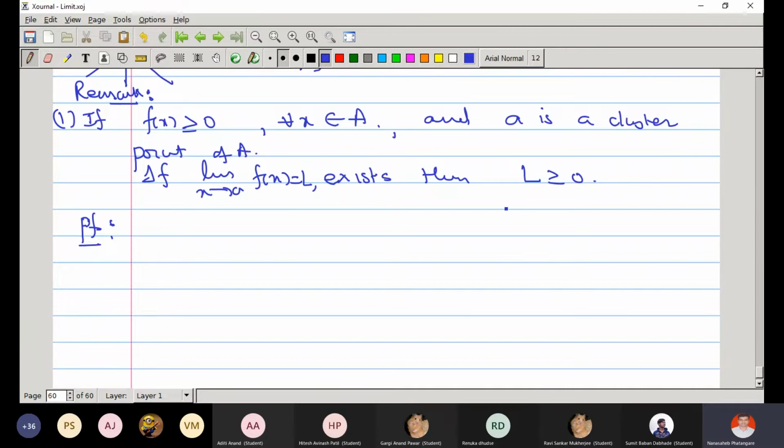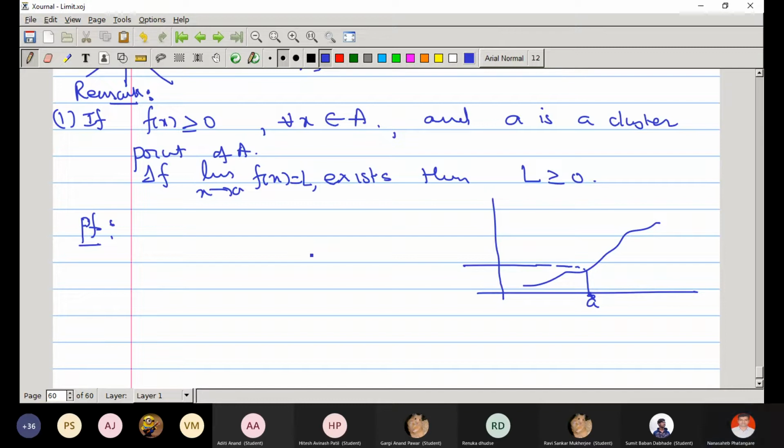Can you see the proof? It is exactly similar to the sequences, right? Whatever your a is, the limit is also greater than or equal to 0.